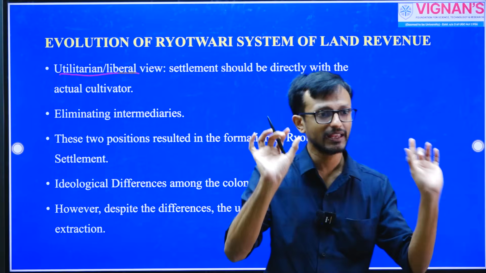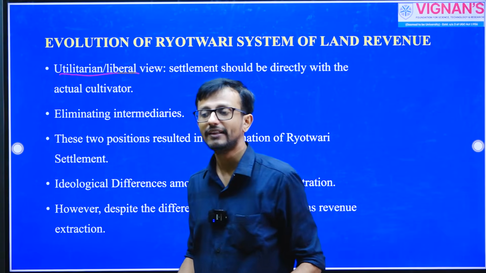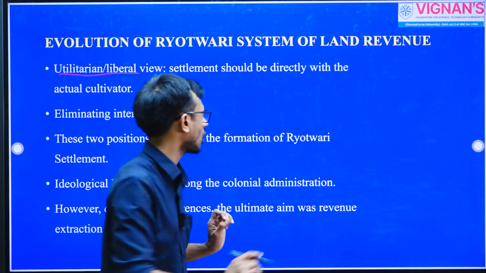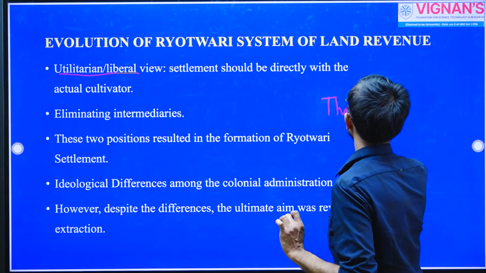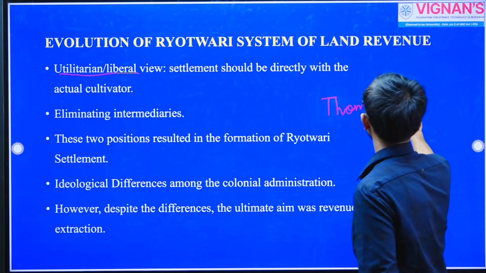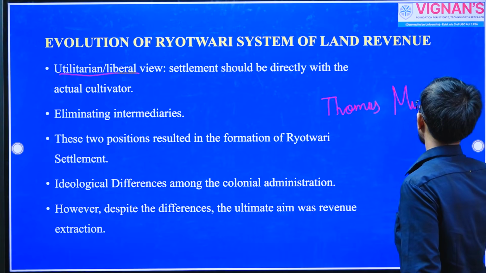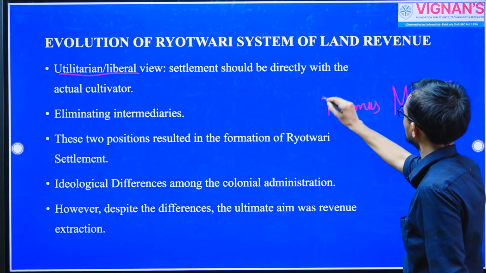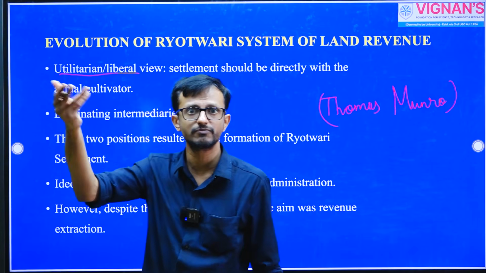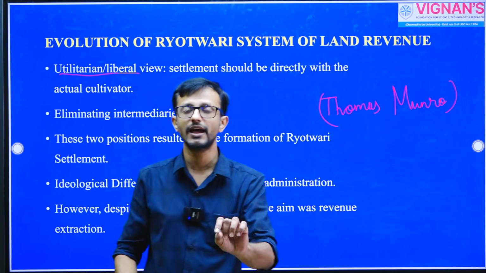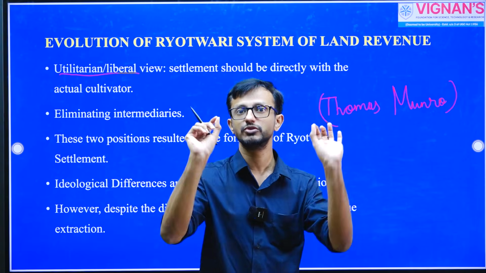All agency should be invested with the peasants. And this was introduced by a person known as Thomas Munro. Thomas Munro was a prominent colonial official in the Madras presidency, and he actually implemented this idea. He had differences of opinion with the concept of permanent settlement, and he was saying that ownership of the land should go to the peasants.